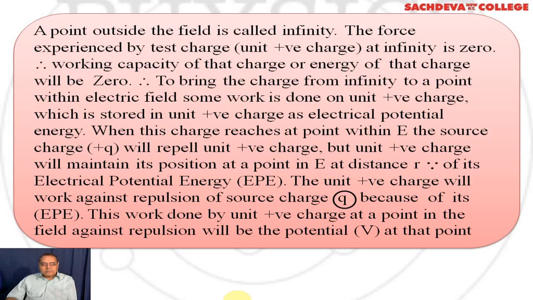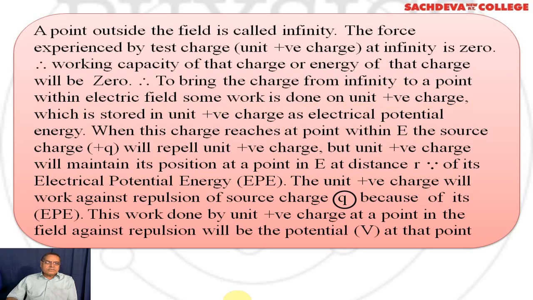To bring the charge from infinity to a point within the electric field, some work is done on the unit positive charge, which is stored in the unit positive charge as electrical potential energy.